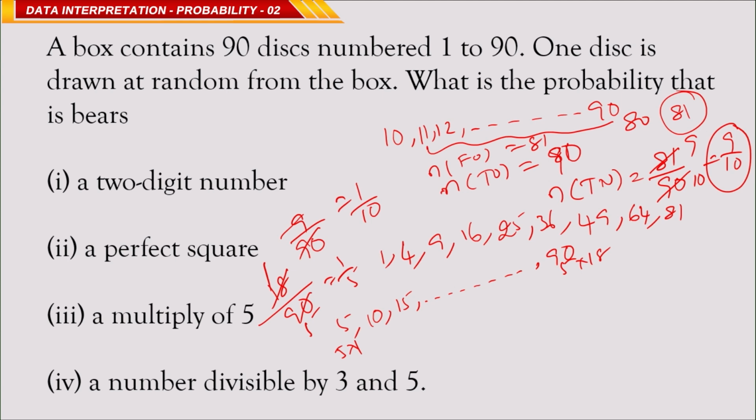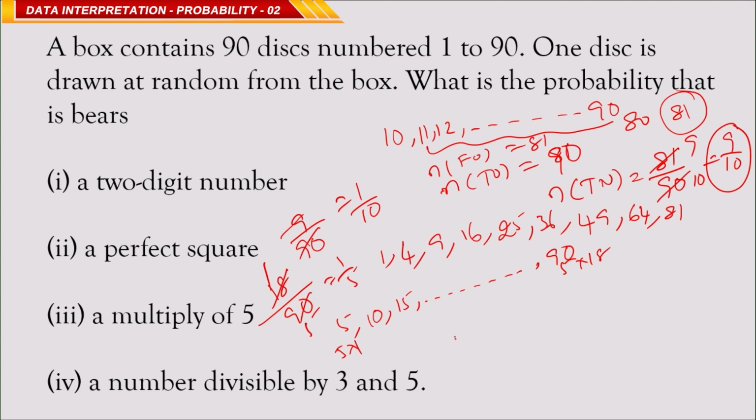What is the probability of numbers which are divisible by 3 and 5? First, the favorable outcomes. Divisible by 3 and 5 means obviously divisible by 15.